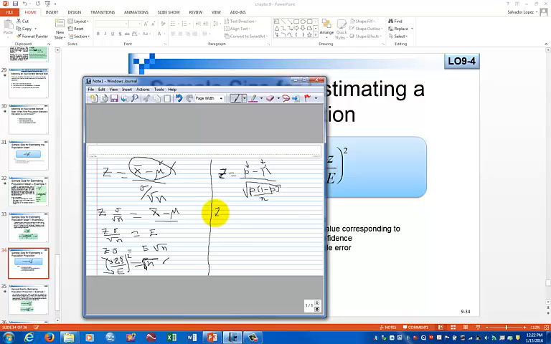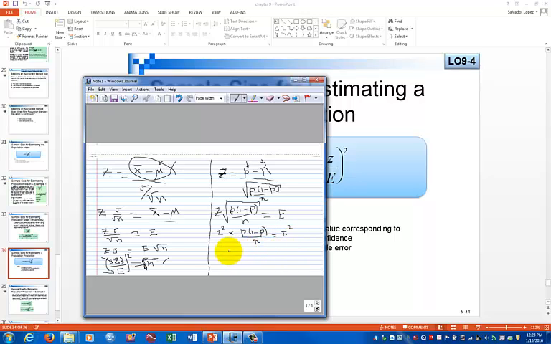So if you multiply by the square root of p times 1 minus p over n, the same thing we did in the previous one, that is equal to the error, which is p minus pi. And let's square everything on both sides. So this will be z squared times p times 1 minus p over n, because all of this was under the square root. When you square that, the square root disappears. That is equal to e squared.